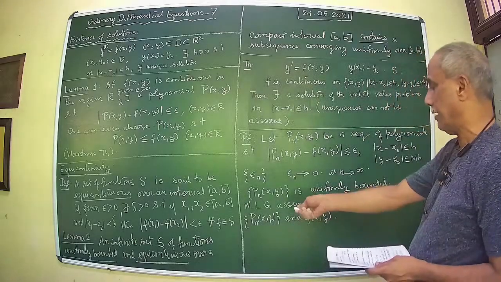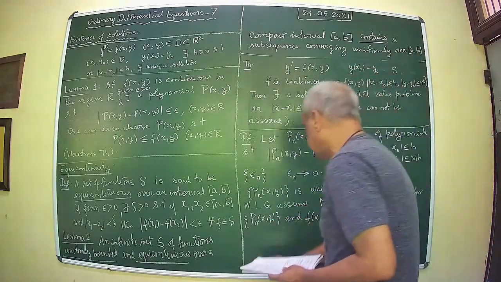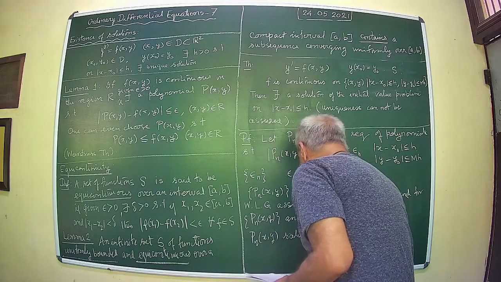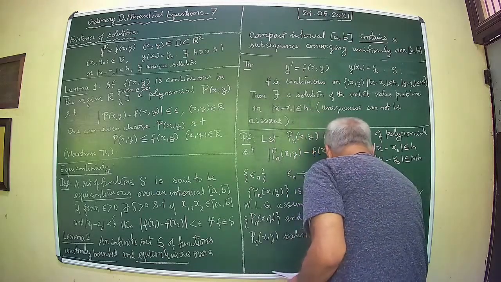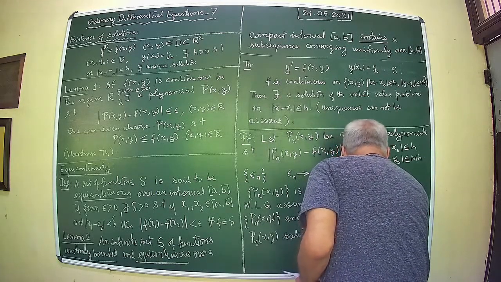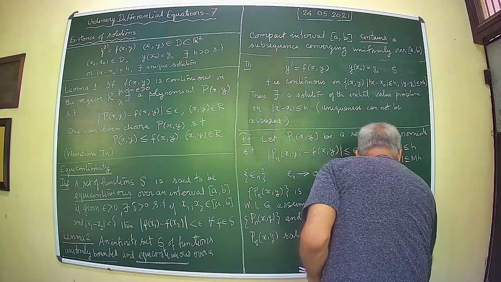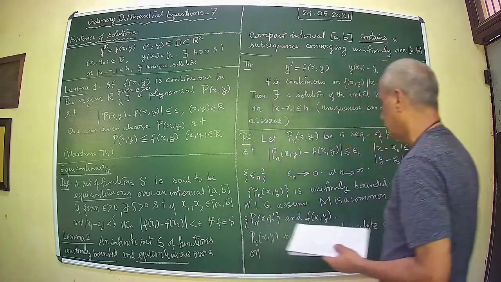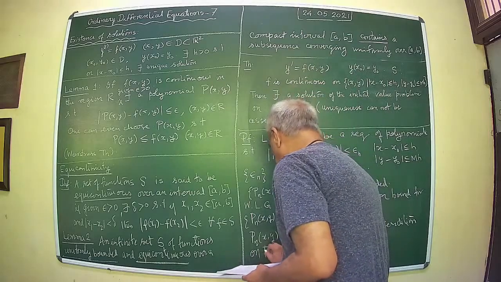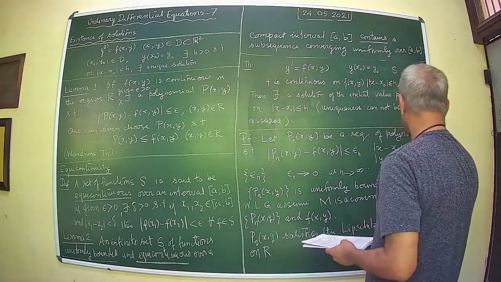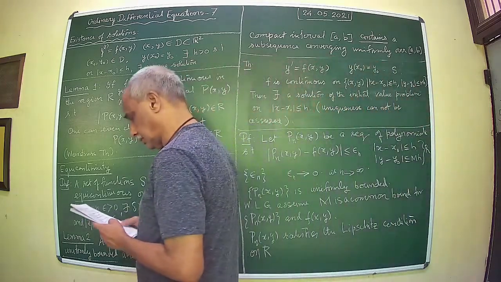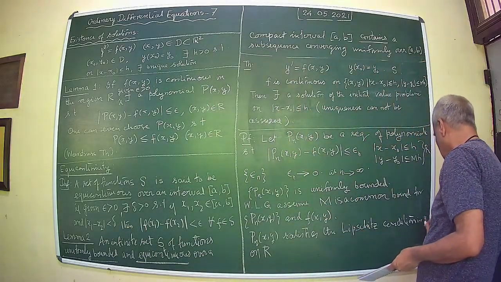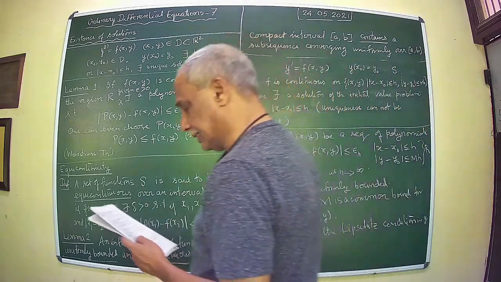Now the advantage that you have is that these are polynomials which satisfy the Lipschitz condition on R, this rectangle, in y, that means for each x you have the condition.